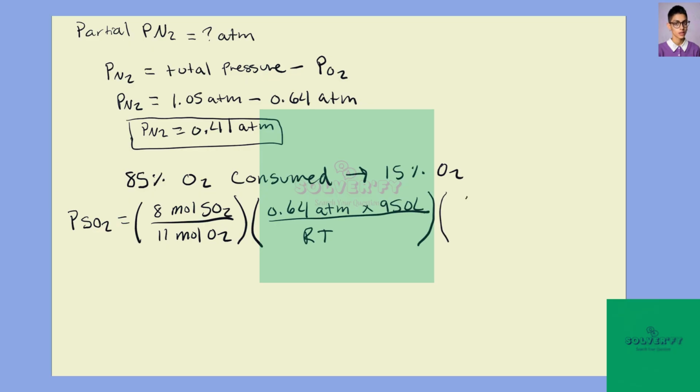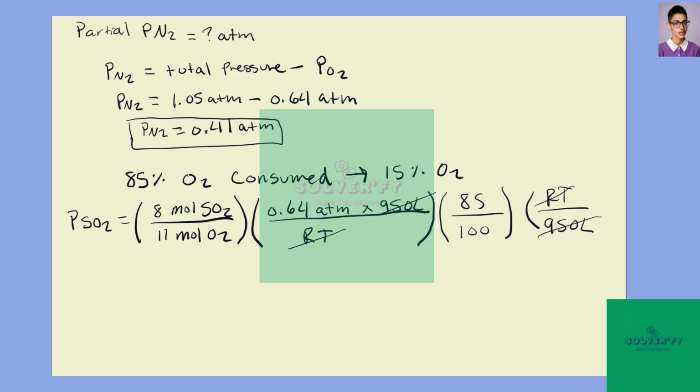And we know that there's 85% O2 remaining, so we have to account for that. So 85 divided by 100, because we want to get it out of percent form. And then we're going to times this by RT over our volume, so that we can get these two things to cancel out.